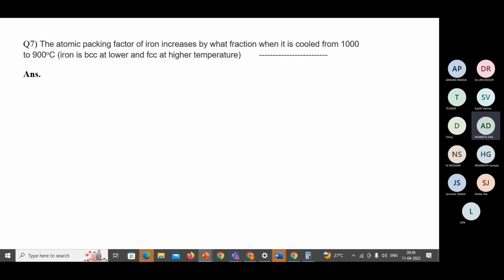The atomic packing factor of iron increases by what fraction when it's cooled down from 1000 degrees to 900 degrees?